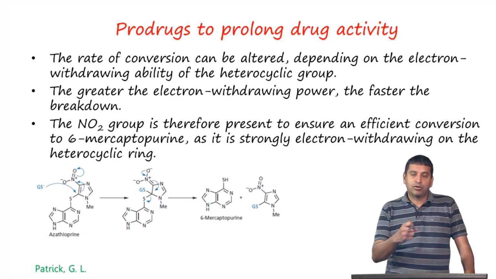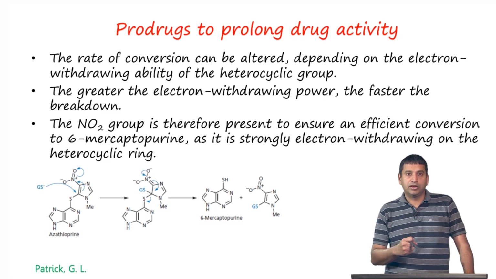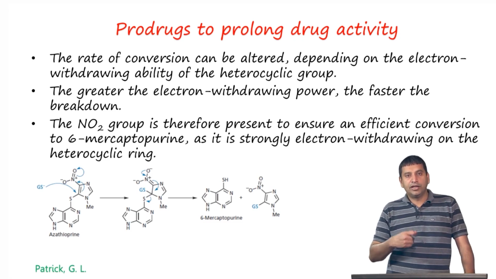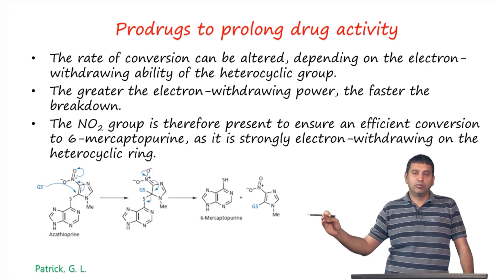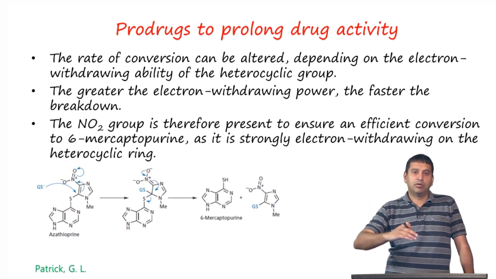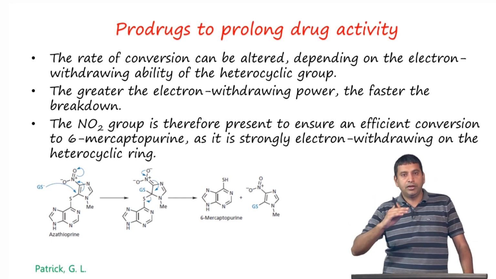So, if we put a strongly electron withdrawing group on this imidazole ring, then you can increase the rate of reaction, whereas if you put an electron donating group, then you would suppress the rate of reaction. So, based on this, one can figure out how the conversion of the inactive compound to the active compound can be altered.